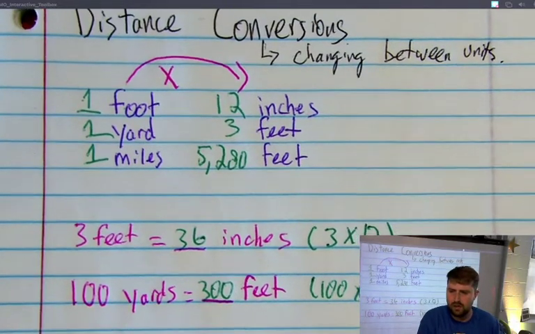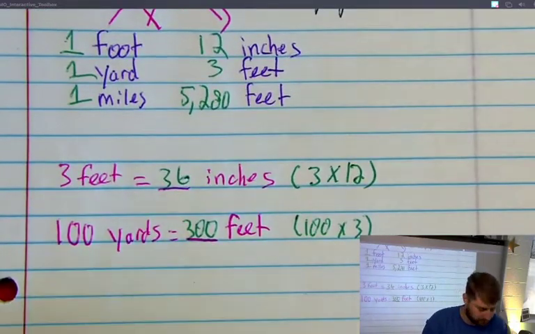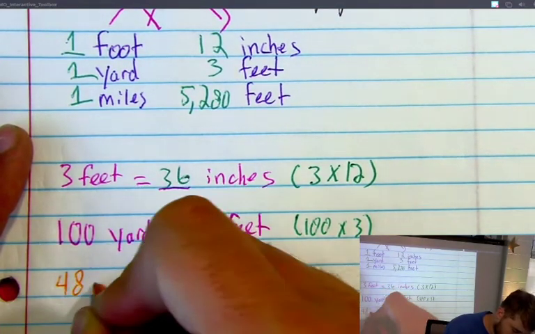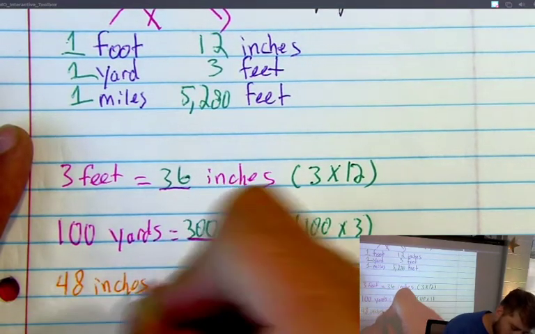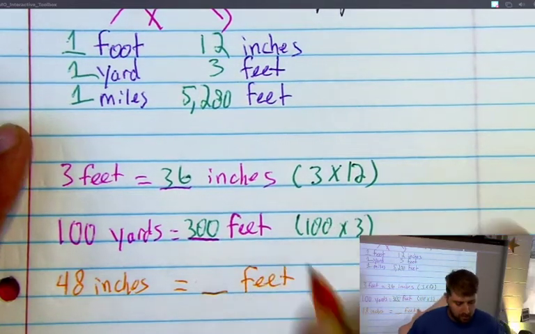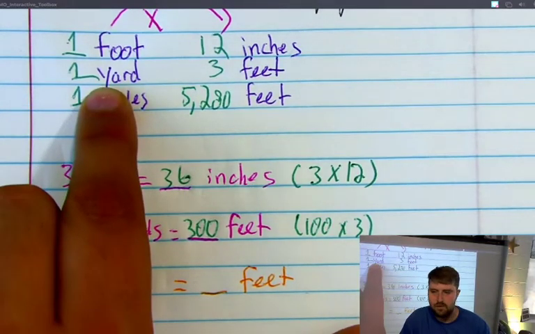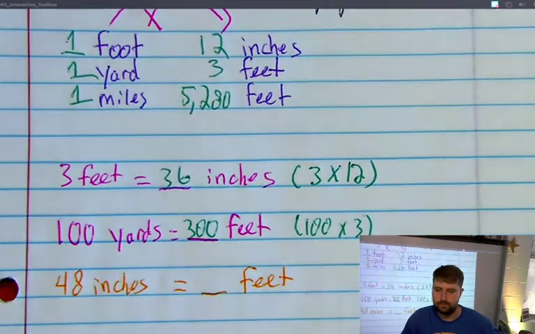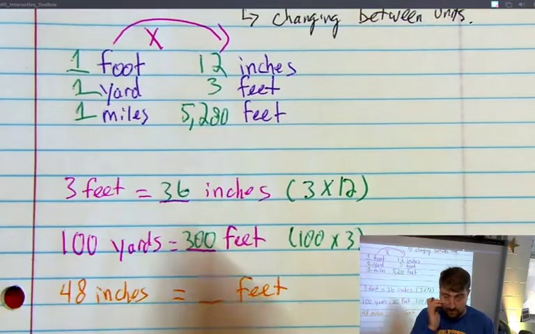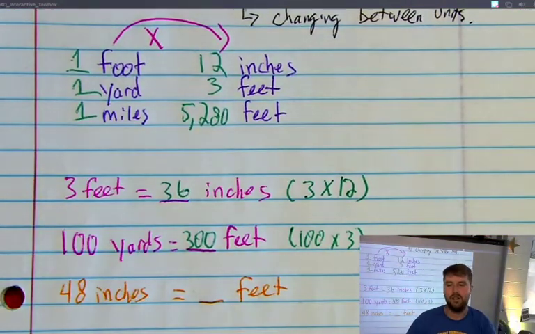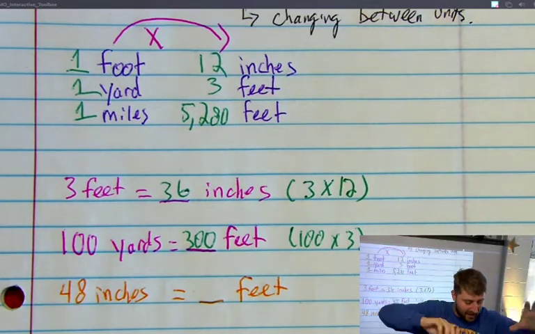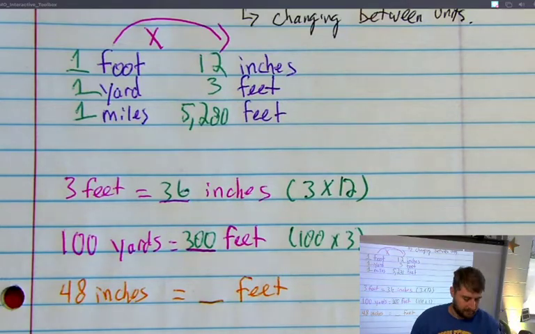Now, what if we wanted to go the opposite direction here? What if we had 48 inches and we wanted to see how many feet that was? Well, so far we've gone from the left column to the right column and we have multiplied. Now we're going from the right column to the left column. So if we're going the opposite direction, we are going to need to do the opposite operation. And the opposite of multiplication is dividing.